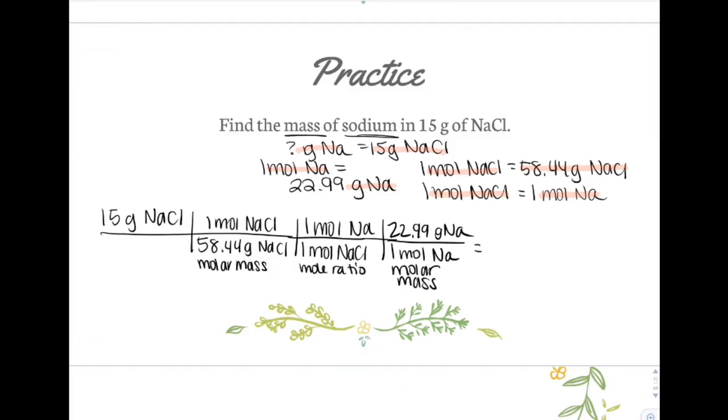And then let me do a quick calculation. And we should get 5.9 grams of sodium in that much sodium chloride. So it's kind of like using the subscripts as conversion factors.